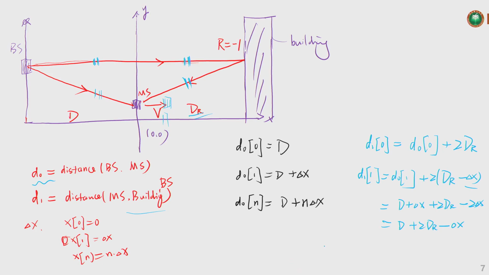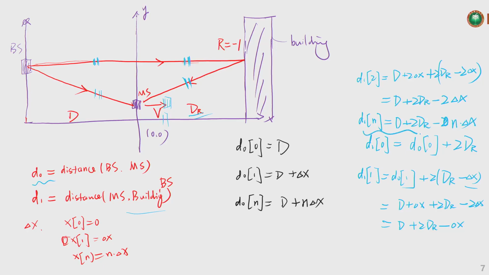Same thing for D12: D plus 2 delta x plus 2dr minus 4 delta x, so it equals D plus 2dr minus 2 delta x. So now we get the expression for D1n: it equals D plus 2dr minus n times delta x. Alright, this equation.